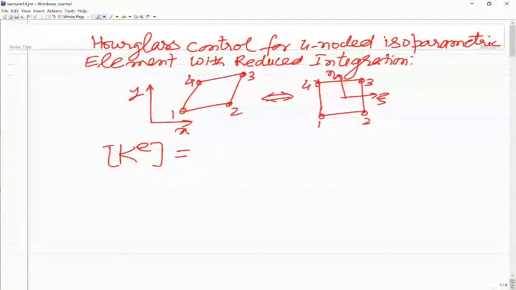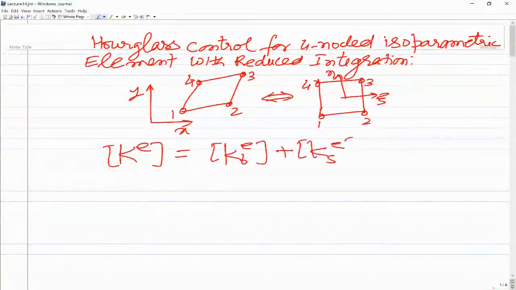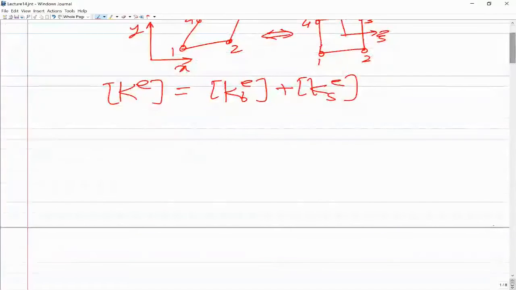So I said the stiffness matrix for this element consists of two parts: the bending part and the shear part. Of course, I am only talking about the element where w, theta x, and theta y are the degrees of freedom.